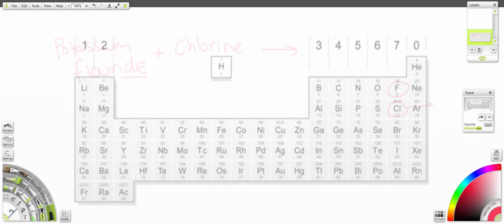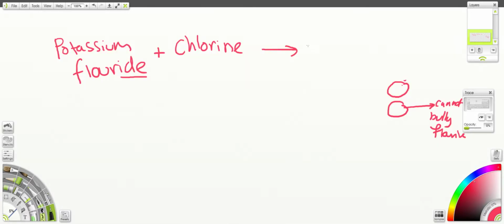And the answer is no, because this cannot bully the fluorine. Or another way of saying it, the scientific way, is it's not as reactive as fluorine. So chlorine is not as reactive as fluorine, therefore it's not going to touch anything or take anything from it. So here we're going to have no reaction. Why? Because chlorine cannot bully the fluoride, because the fluoride is more reactive.